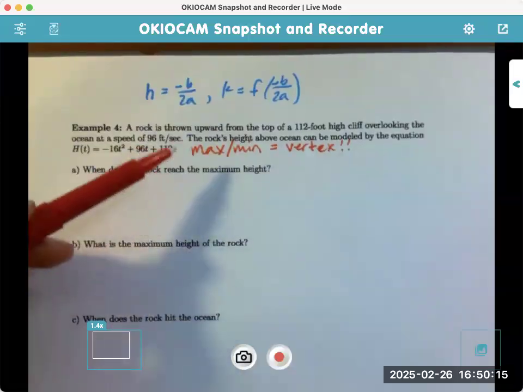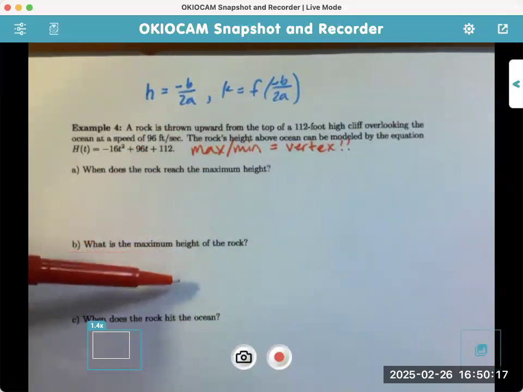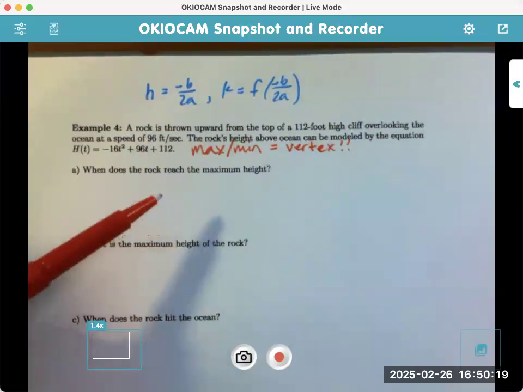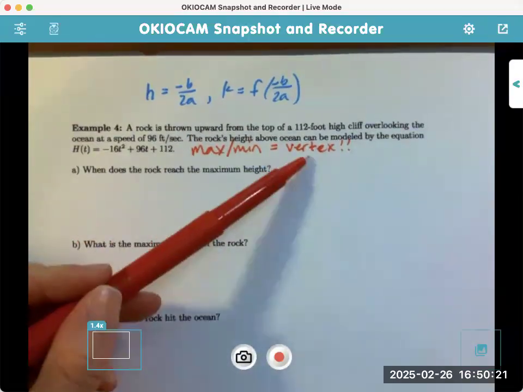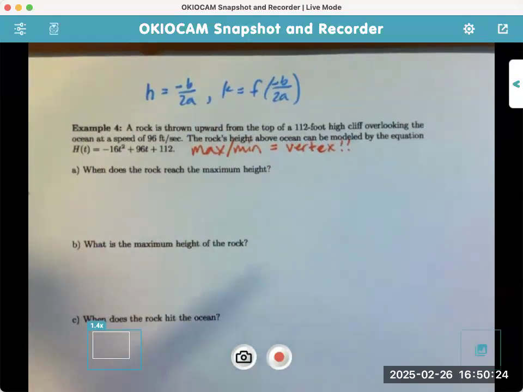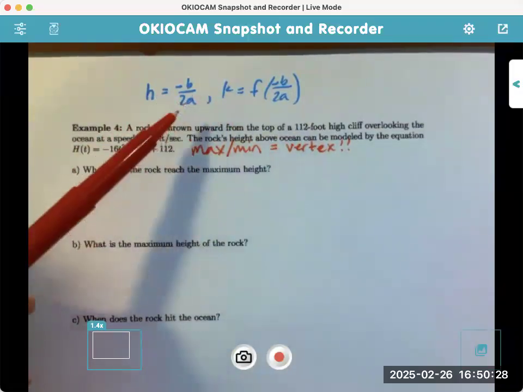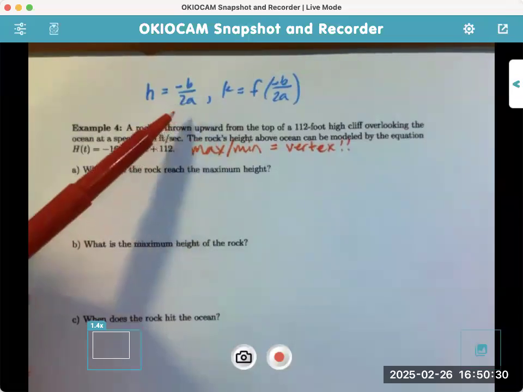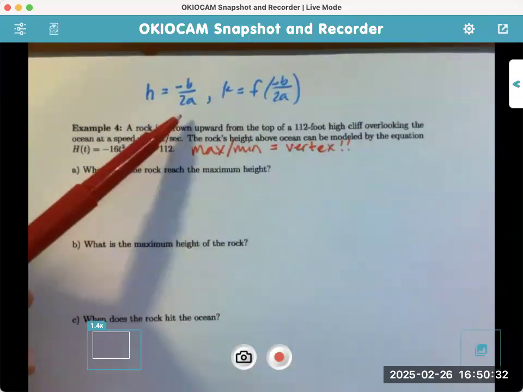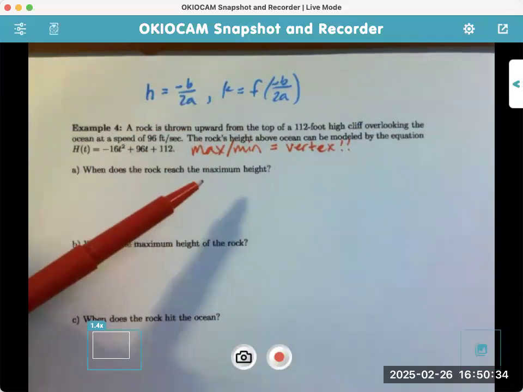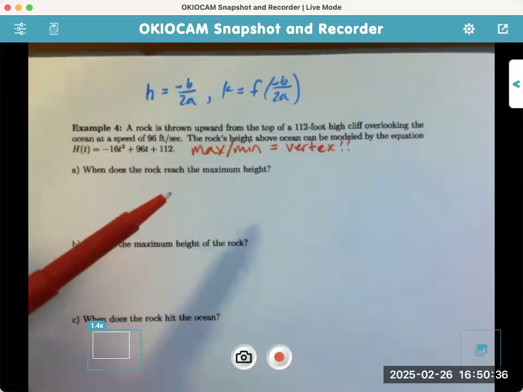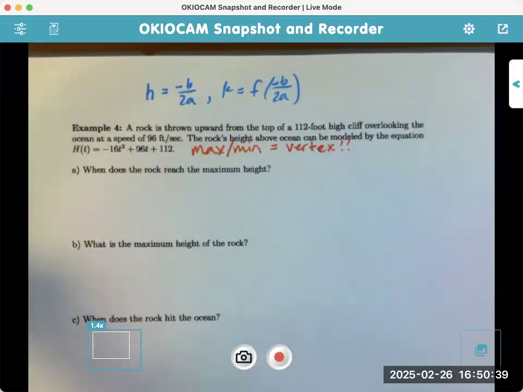So when I ask for the max height, when and what, your brain goes vertex. I need the vertex, okay? Lucky for us, we have quick equations that tell us the h and k of the vertex.